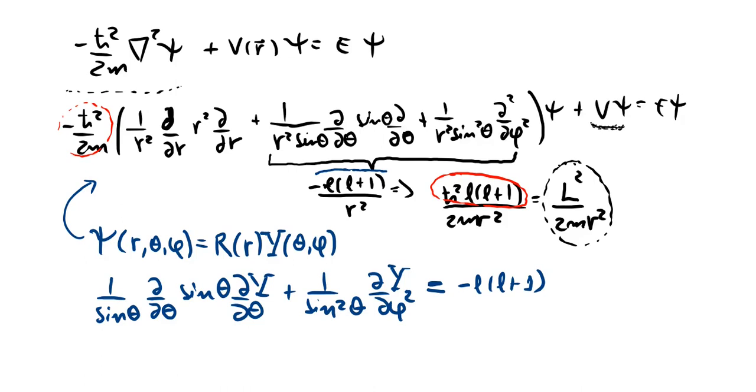What I want to show in this video is why this solution is an associated Legendre polynomial multiplied by an exponential, which is also known as the spherical harmonics function. So how can I show that this equation that I get from the separation of variables in Schrodinger's equation is really what I think it is, right?